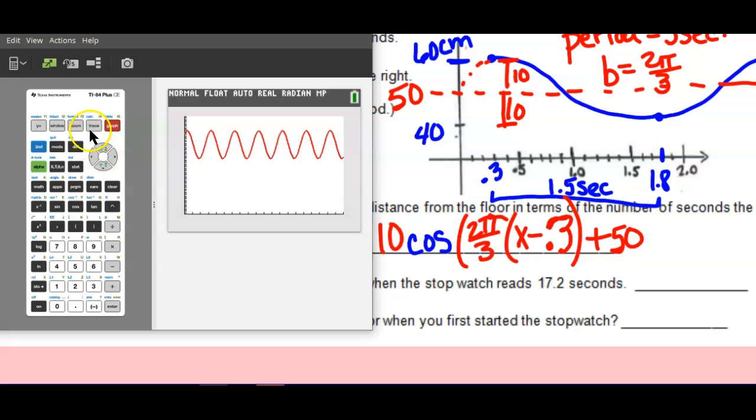All right, so just to make sure that this is right, I'm going to trace 0.3, and it should be at 60, okay? And then I'm going to trace 1.8, and it should be down at 40, okay? I could go to 3.3, because that was the start plus another 3 seconds, and it's back up at 60.